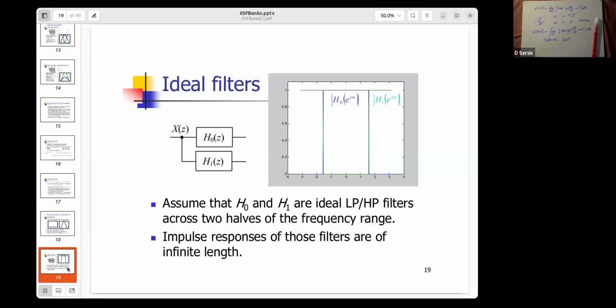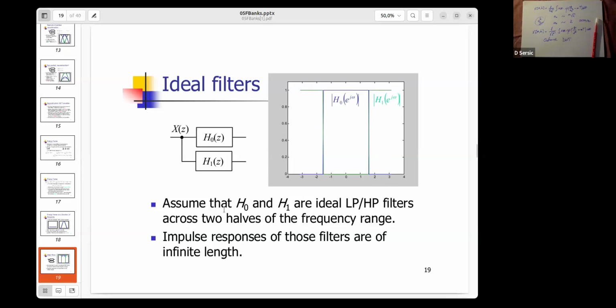So they are kind of half-pass filters. The band, which goes from 0 to pi, is split in half. The blue filter, the H0 filter, takes ideally the lower half of the frequency range, and the green one takes the upper half.